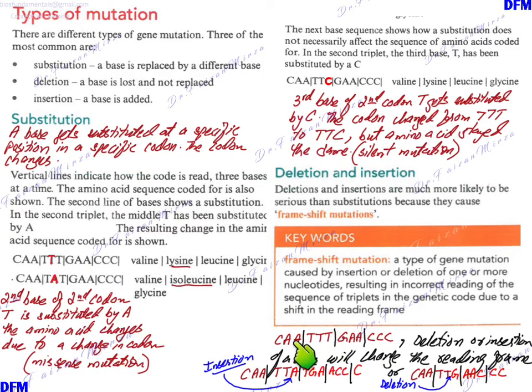Now in deletion, as I've already mentioned, a base from the existing sequence will be deleted. Let's take the example of the same TTT again. If the base T at the third position gets deleted, we have G from the next codon coming and replacing it.